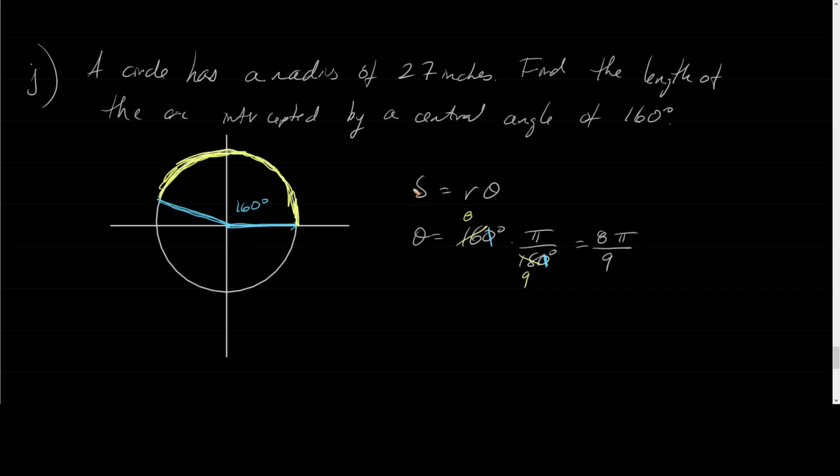So our arc length now is going to be the radius, which was 27, times our angle, which was 8 pi over 9. All right. And remember, this was 27 inches. At this point, we say, well, 9 goes into itself once, it goes into 27 3 times. 3 times 8 is 24, so we have 24 pi inches.